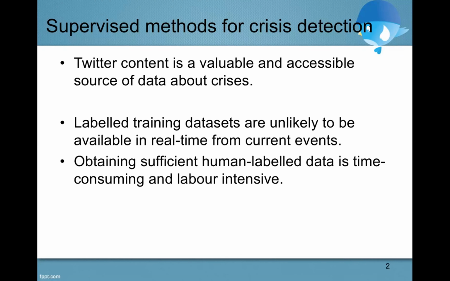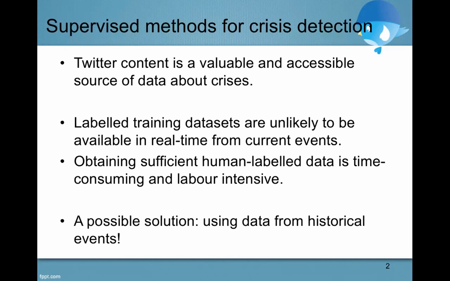However, labeled training datasets are unlikely to be available in real time from current events, because obtaining sufficient human-labeled data is time consuming and labor intensive. The unavailability of training data from a new crisis challenges timely processing of crisis data by emergency responders. So one possible solution is to use data from historical events.